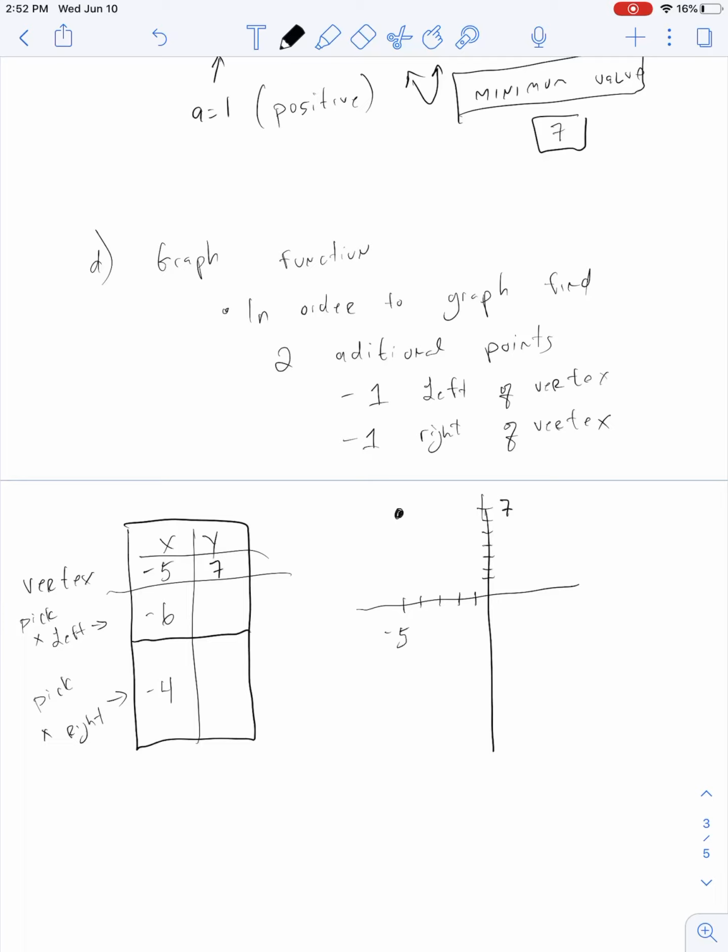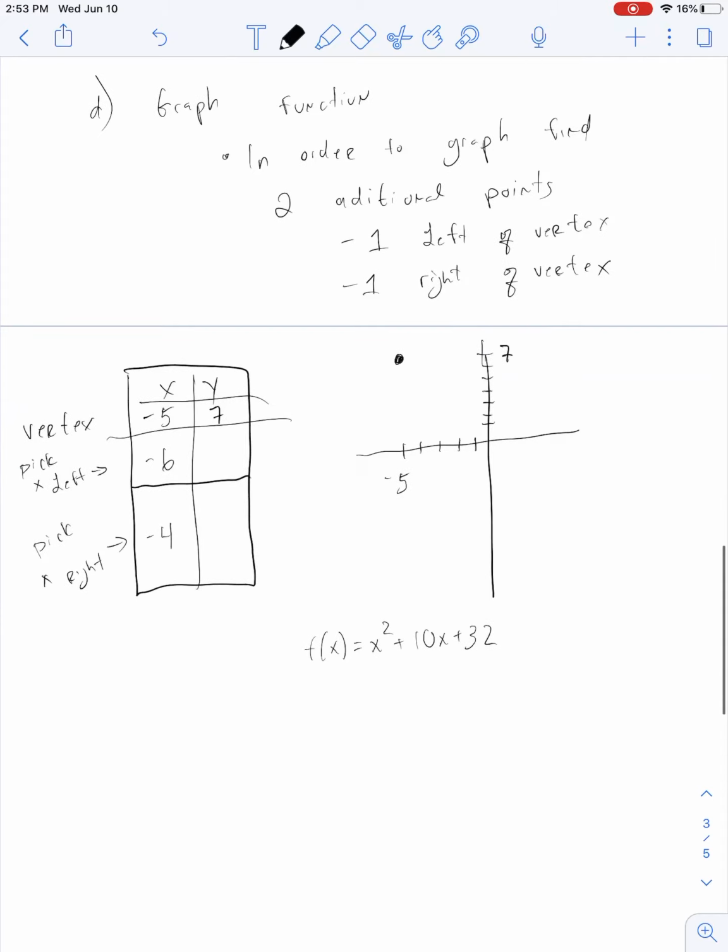All right, so now all we do is just plug that into our equation. Remember, our function was this, right? First, let's do it for -6. Replace each x with -6.